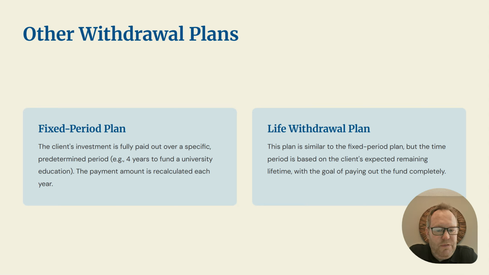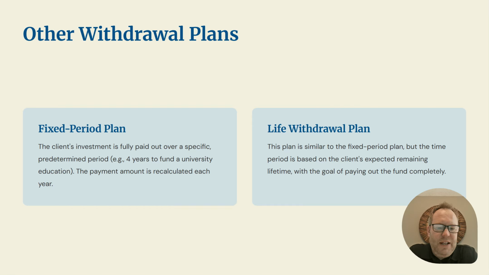This plan is similar to a fixed period plan, but the period is based on the client's expected remaining lifetime, with the goal of paying out the fund completely by life's end. Typically, these life withdrawal plans are associated with insurance products where you might get a payout for life of a fixed amount or a variable amount depending on what type of insurance product you pick.